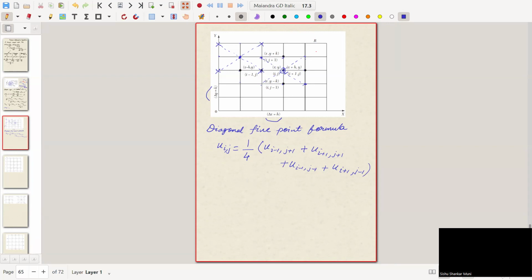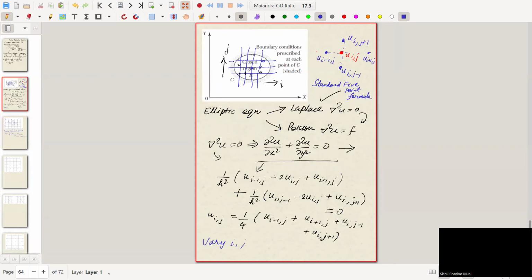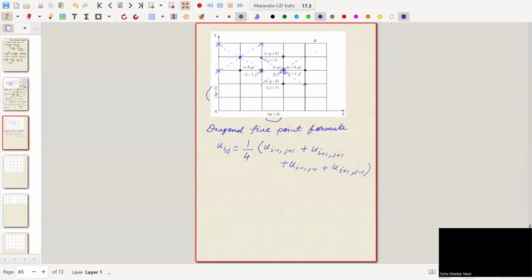This is the diagonal 5-point formula. So you have the standard 5-point formula, and you have the diagonal 5-point formula. Although these are very less accurate methods, they serve as a very good approximation for the initial values.